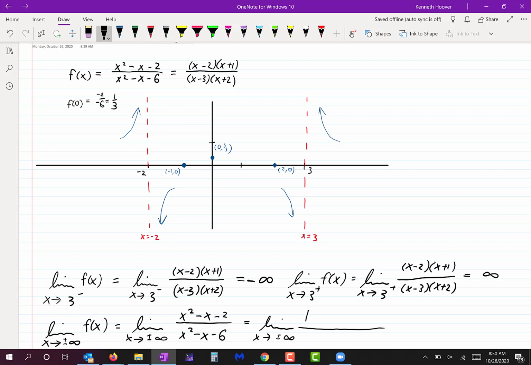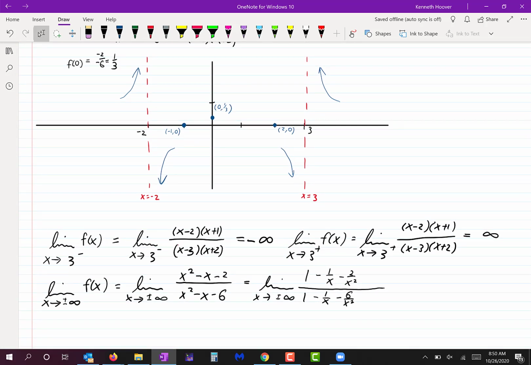And I'm going to get 1 minus 1 over x minus 2 over x squared. And on the bottom we'll get 1 minus 1 over x minus 6 over x squared. As x goes to positive or negative infinity, these four fractions will disappear, and the limit is 1 minus 0 minus 0 over 1 minus 0 minus 0, which equals 1.